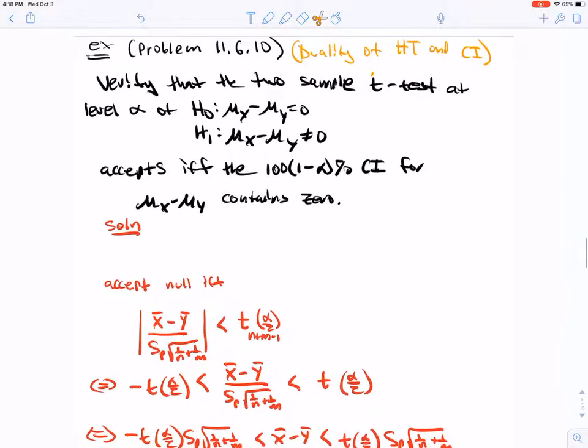I didn't have time to do this in class, but actually this is a very good exercise to test your understanding of what's been going on, and duality of hypothesis testing and confidence intervals.